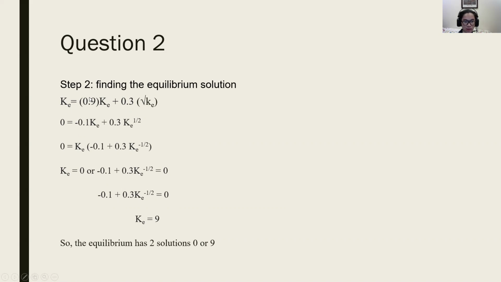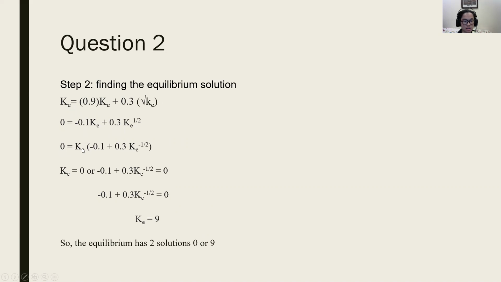Therefore, I move K_e to the right to have negative 0.1 K_e here. And then I write the square root as a power of half. Now both terms share K_e in common, which means we can take K_e out of the equation. When we factorize it, we will have K_e times (negative 0.1 plus 0.3 K_e to the power negative half) equals 0, right?